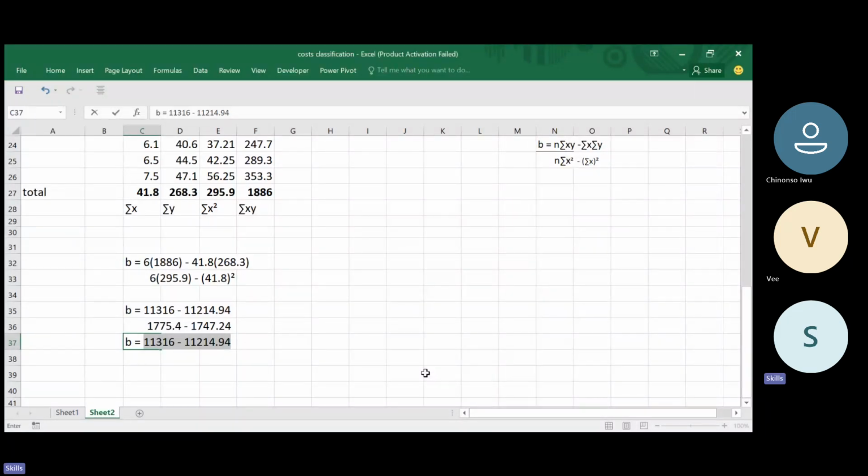What do we get? I have 1.06, all over 1775.4 minus 1747.24.